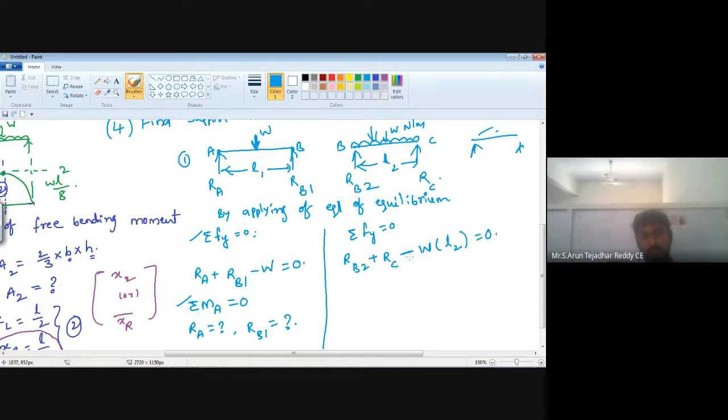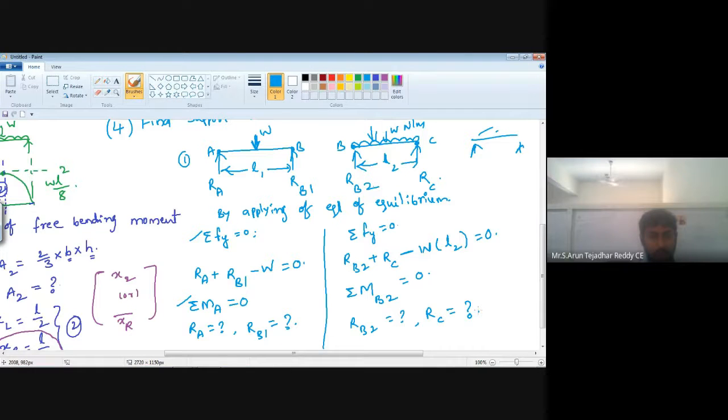After that apply summation of moments about any one point. You can take B or else you can take C, that is your wish. Moment at B, it means this point B, is equal to 0. From this one we'll get the RB2 value or else the RC value.